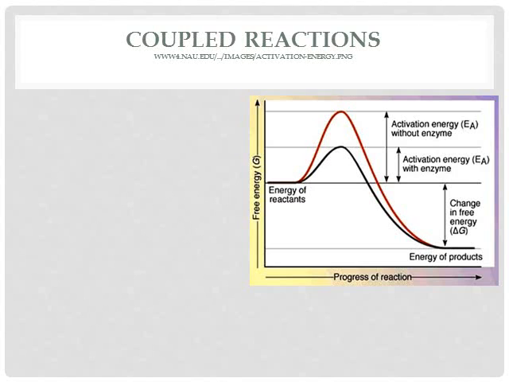And we're looking at 2 possibilities here. The red one would be the reaction without an enzyme, and the black one would be the same reaction with an enzyme to lower the activation energy. And we can see the change in free energy is the same regardless. We can see the reactants have more energy than the products, so we're looking at energy being released, an exergonic type of reaction.